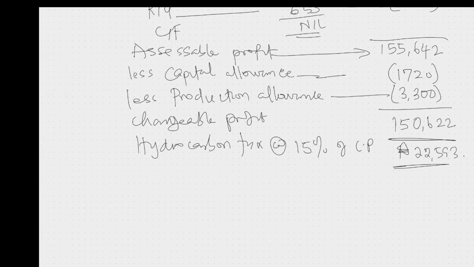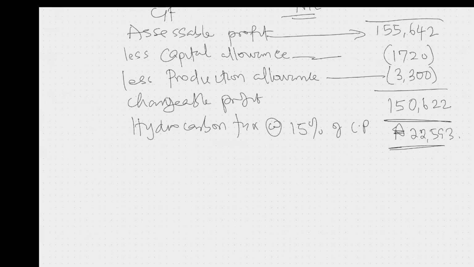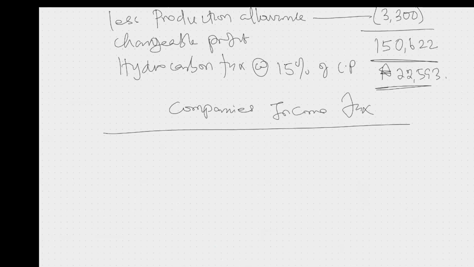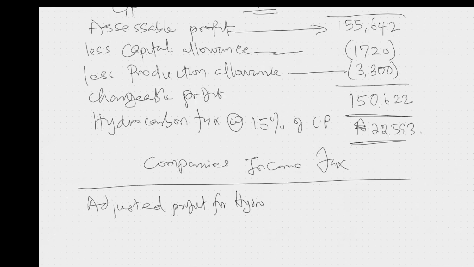I'll do a very simple and straightforward thing. I don't want to bother you. Company income tax. Take the adjusted profits from the hydrocarbon. Okay, take the total revenue.